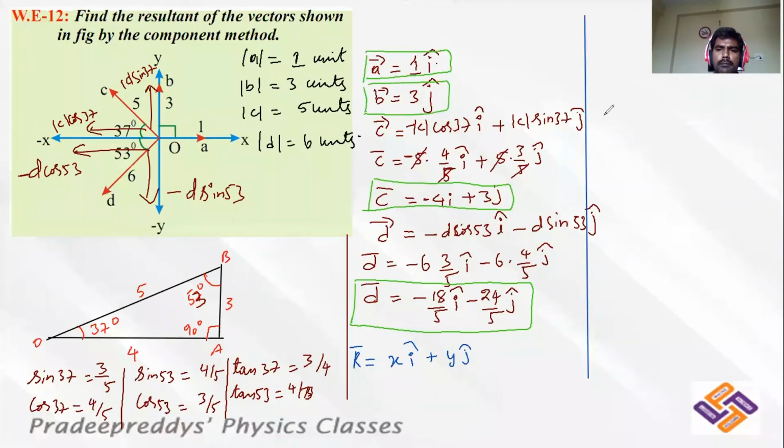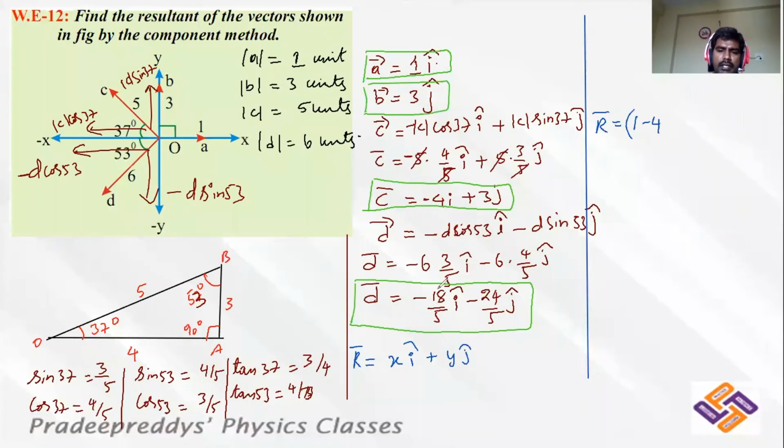So R bar is equal to, along the x-axis you have A bar, which is 1 unit. So I'll write x-axis 1. Next, B bar has no x component. C bar has x component minus 4.